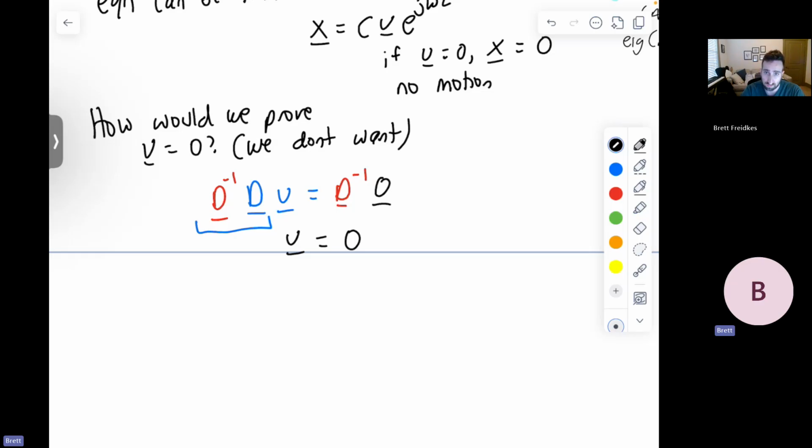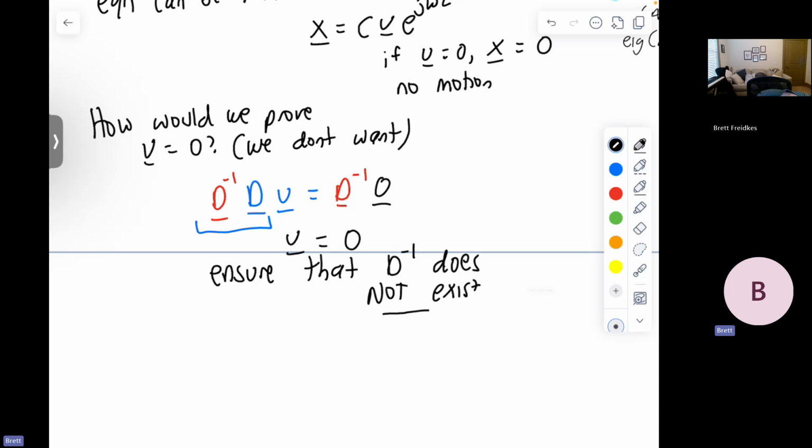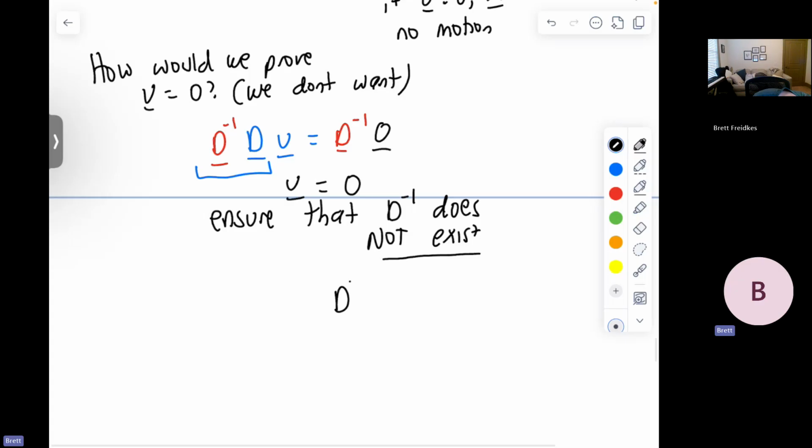But we don't want that, because in that situation, that would mean we have no motion. So what we do is we make sure that the inverse of D does not exist. In general, the inverse of some matrix is proportional to 1 over the determinant of the original matrix.